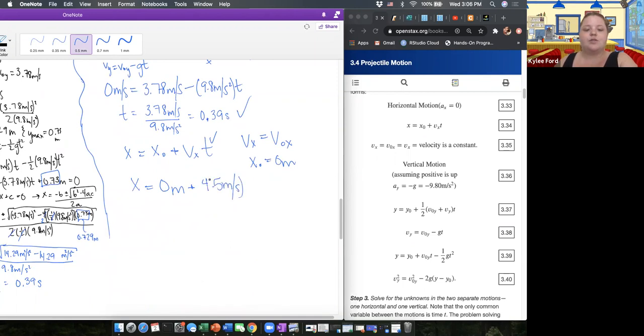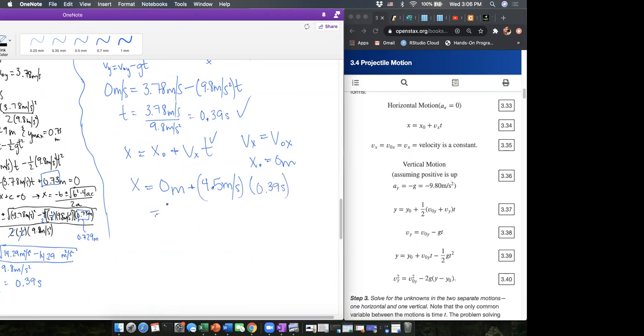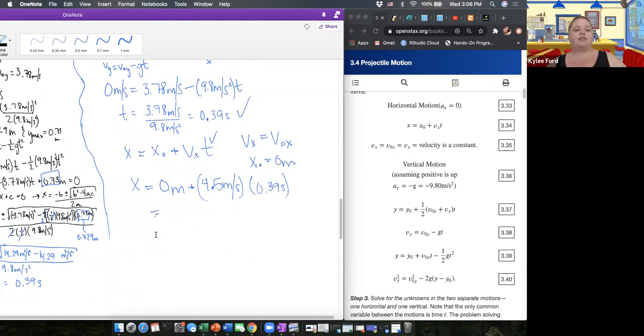Because it says that he was horizontally running, not vertical running, right? Then our time is 0.39 seconds. Wait, is this still B? Yes, this is for 7B.